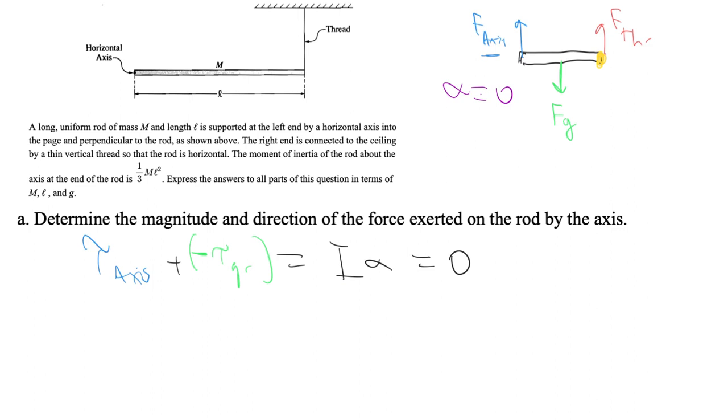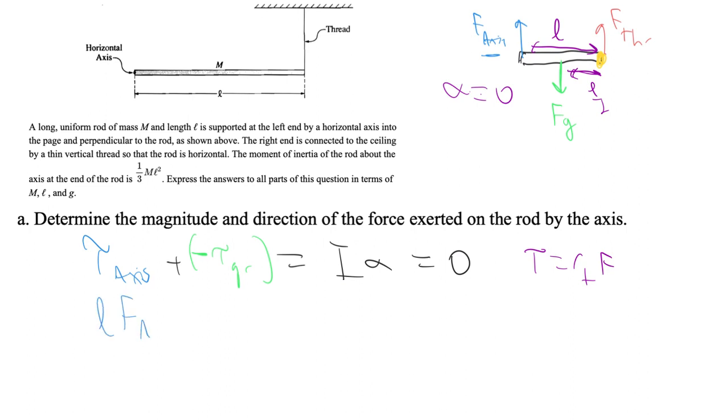A given torque, any torque, is R perpendicular times F. Luckily, our lines of action here are vertical and therefore perpendicular to the rod, so all that matters are the distances of the rod. And so I say, well, this distance is given as L, and this distance is clearly L over 2.